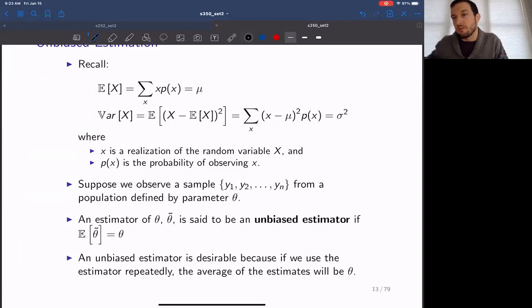Then we have the definition of the variance of the random variable, which you can see at the top of slide 13 as well. And what we will be interested in doing, for a collection of different estimators, is determining which one has the smallest variance.